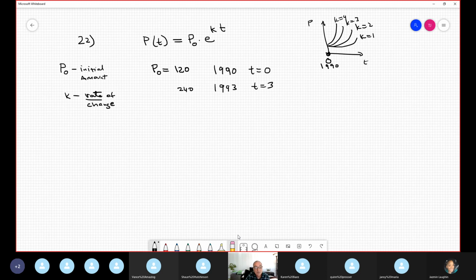Let me try to understand the goal of the problem. This axis represents time in years. This axis represents the population of rabbits. At t equals 0, physically it's 1990, we have 120 rabbits. At t equals 1, 2, and 3 years, 1993, we have 240.